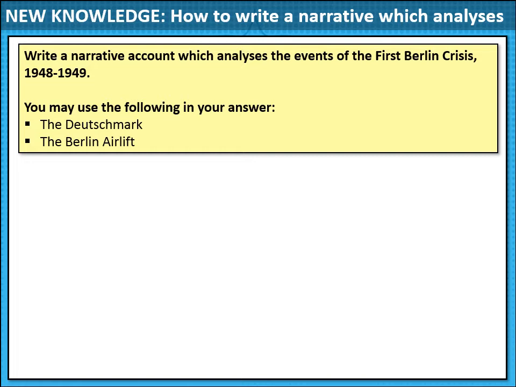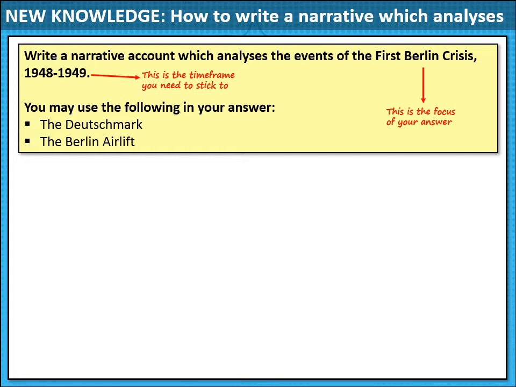Now, straight away, we've been given a focus for our narrative. We have to focus on the First Berlin Crisis. So we're going to be explaining how and why that happened. We're also given a time frame that we need to stick to. So our time frame is 1948 to 1949.